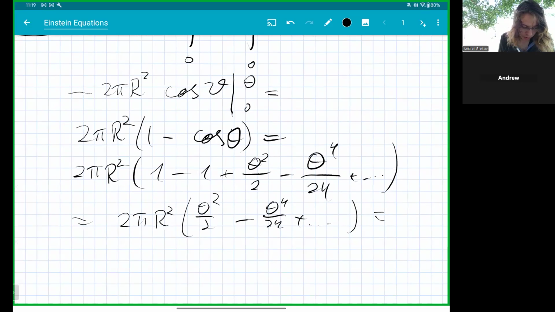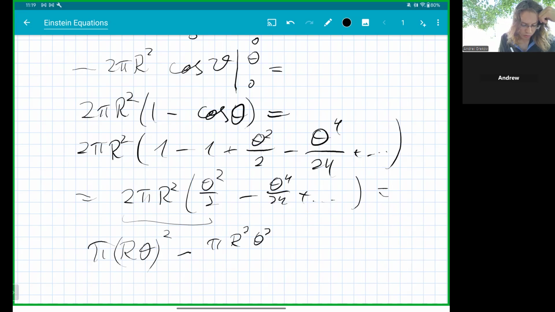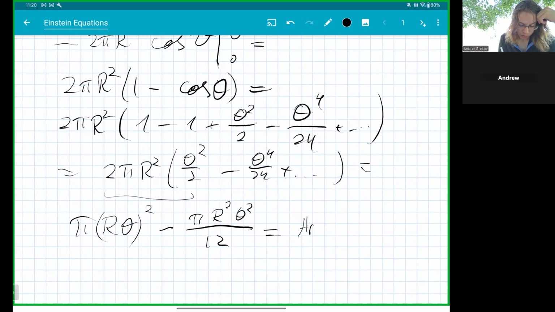And we see that this term gives us precisely the area in flat space, pi r theta squared, right? The standard formula for the area of the circle, right? And here we have some correction.